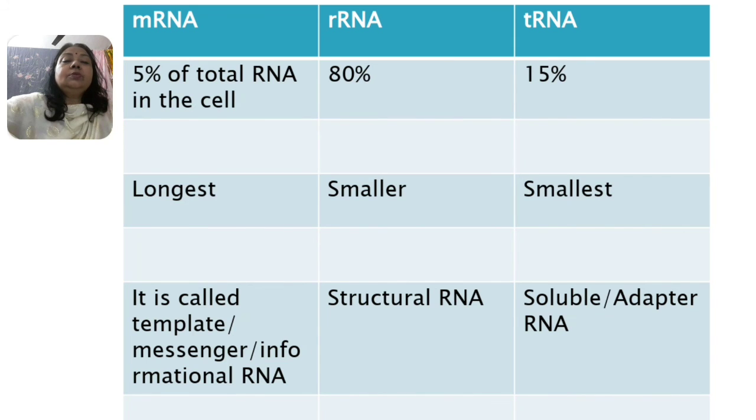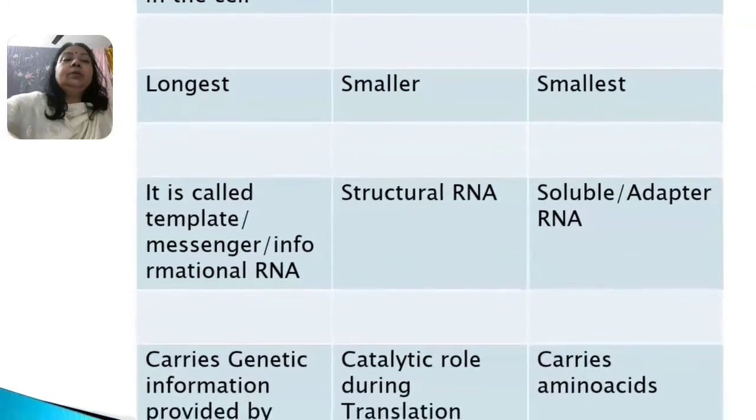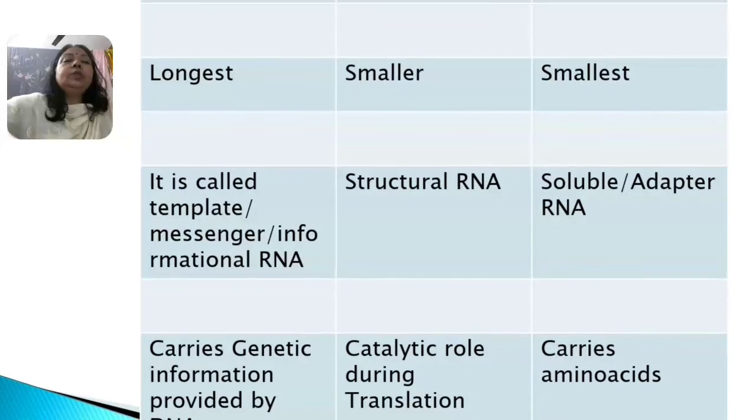The messenger RNA is also called template or informational RNA, while the ribosomal RNA is known as the structural RNA as it is responsible for forming the ribosomal subunits, and transfer RNA is known as the soluble or adapter RNA because it is responsible for the adaptation of the anticodons during the time of protein synthesis.